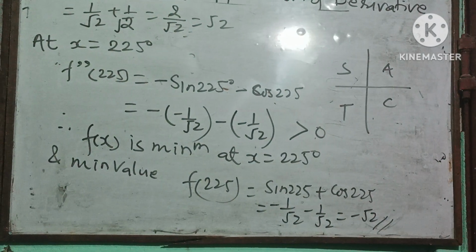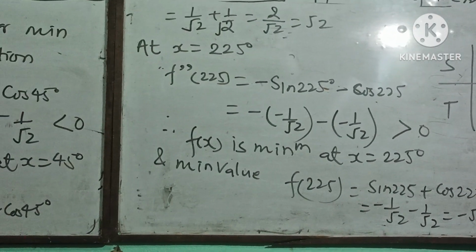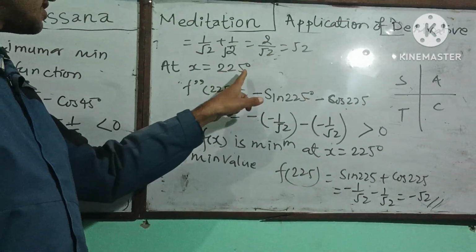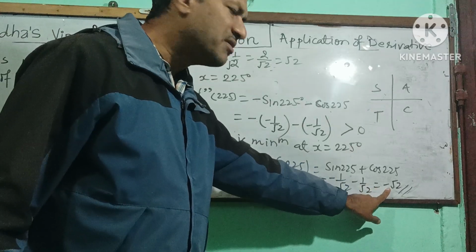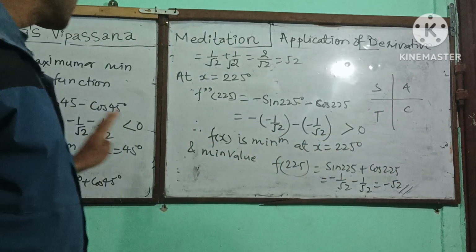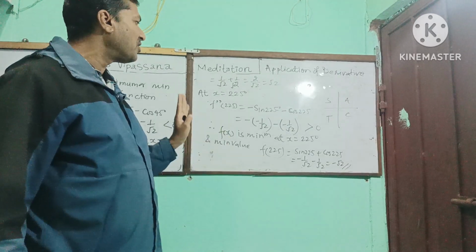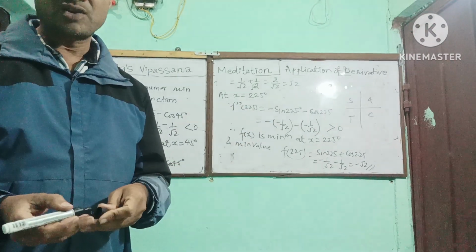So what we have got: the maximum value is at 45 degrees, that is root 2. Now the minimum is asked at x is equal to 225 degrees, and the minimum value is negative root 2. So these are the maximum and minimum values of f(x) is equal to sin x plus cos x. Okay, this was it.